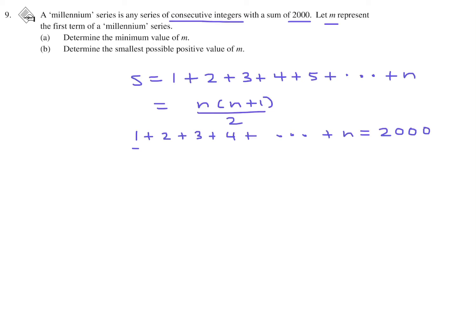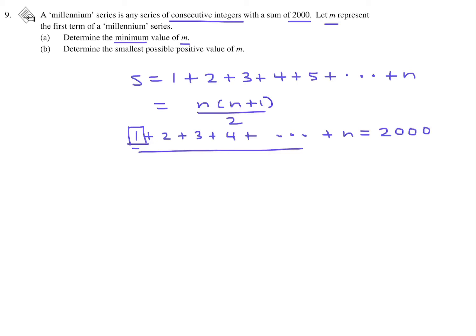But we don't know if it looks like this. This is just a possibility. So they want us to figure out the minimum value of the first term. So if it was like this, the first term would be 1. And we have to figure out, is that the minimum? All right, so I just wanted to give an introduction of how this question works, what they're talking about.